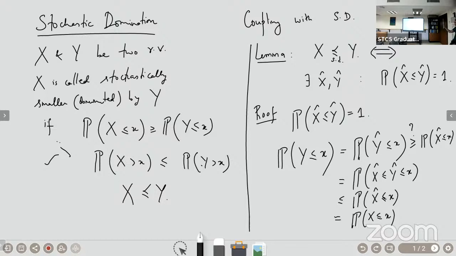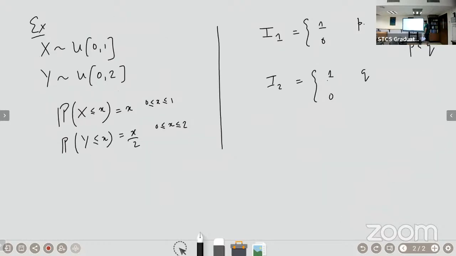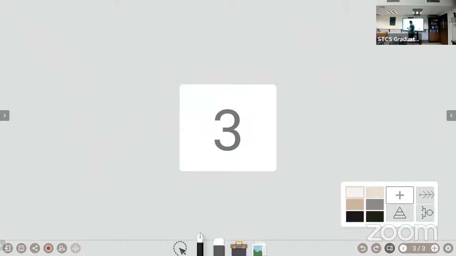So in this forward direction, knowing that the probability of x hat being less than y hat is equal to 1, we have that x is stochastically dominated by y. More interesting is what happens in the reverse. This is slightly more important. For that, we need the following. Suppose F is some distribution.